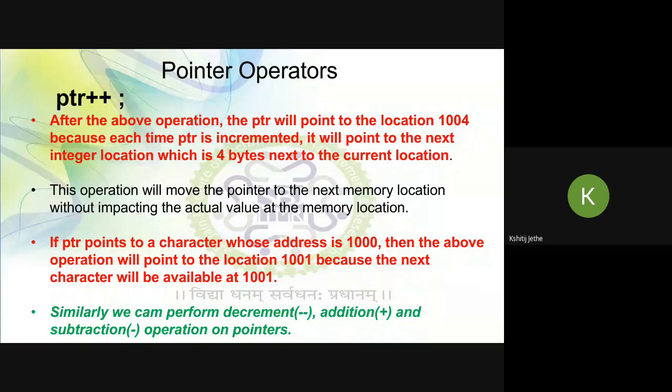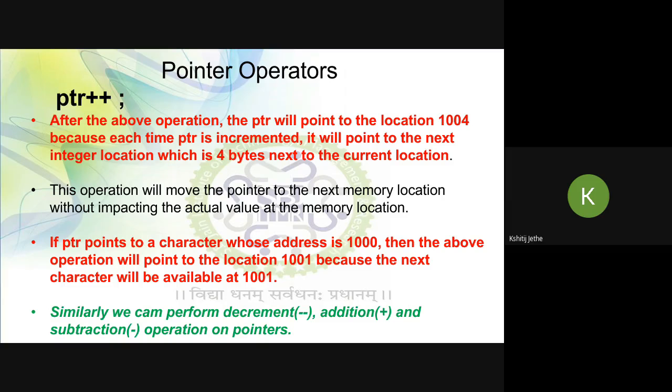When we write PTR plus plus, it will go to the next memory location. It means that it will point to the next integer memory location. PTR was initially holding 1000, and one integer variable requires 4 bytes of memory in a 32-bit operating system.